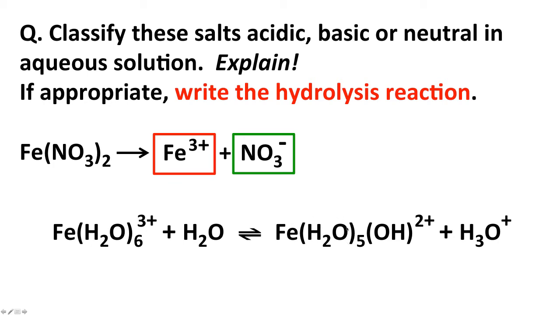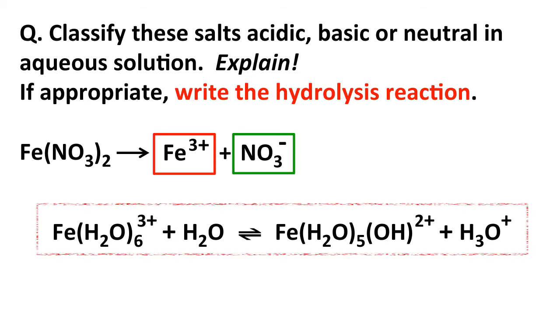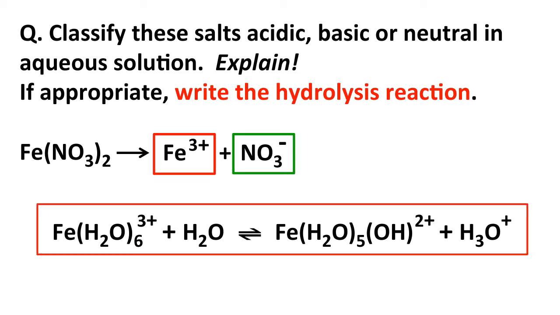So 5 waters are left intact, and then the 6th water is not an H2O, but it's just an OH, and the charge goes down from +3 to +2. It goes down by 1. And this is the hydrolysis reaction for the reason that the solution containing Fe3+ is acidic.